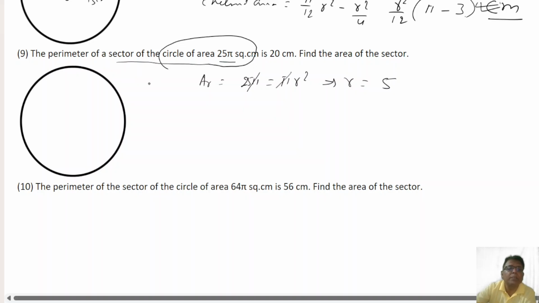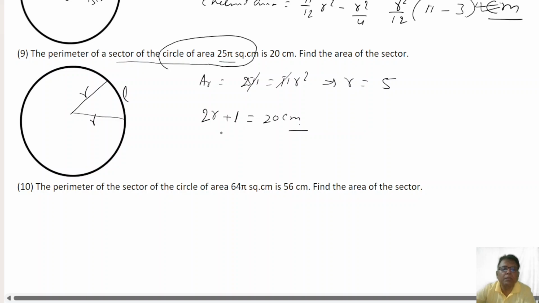And the perimeter of the sector is 20. So perimeter of the sector means 2r plus L. So 2r plus L is equal to 20 centimeter.